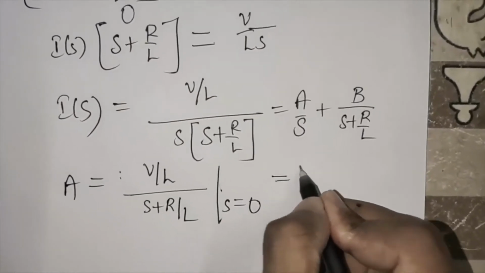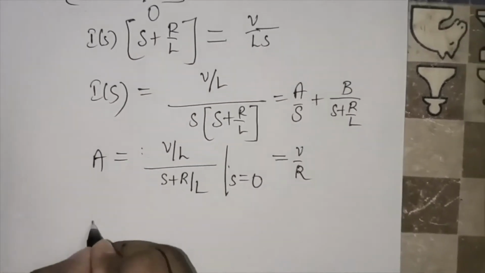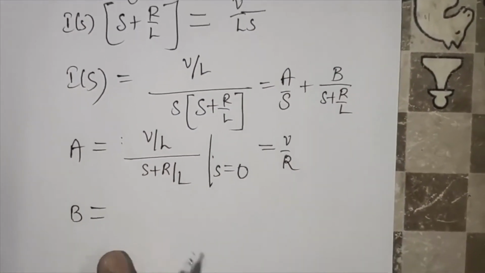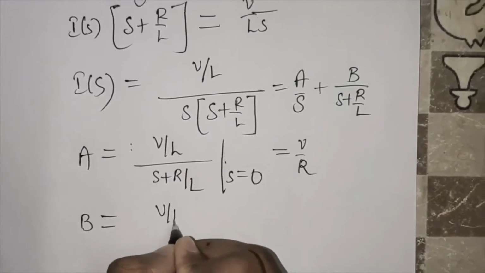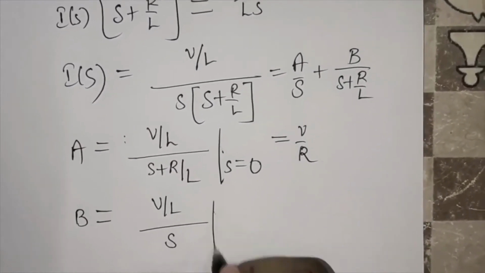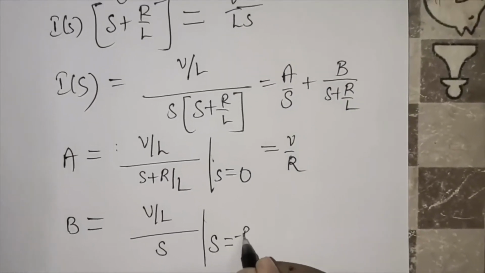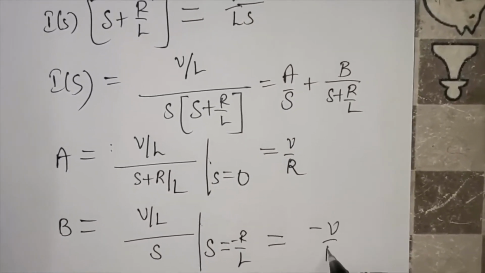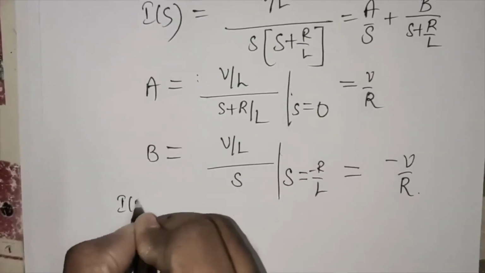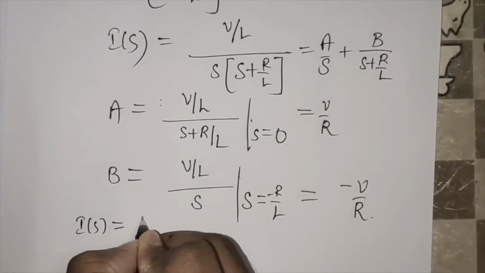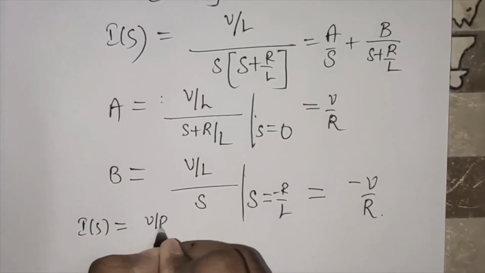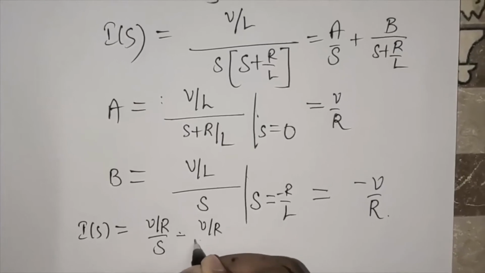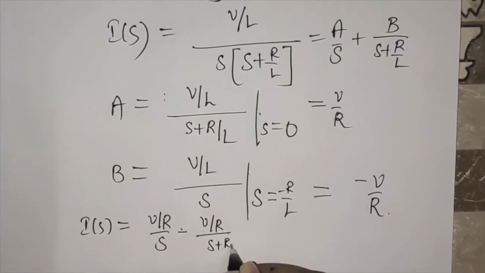So you will get V/R. For the B value, consider the entire expression except (s plus R/L), so it is V/L divided by s, and substitute s equal to minus R/L. So you will get minus V/R. So the A value is V/R, so it is (V/R)/s, and the B value is minus V/R, so minus (V/R)/(s plus R/L).